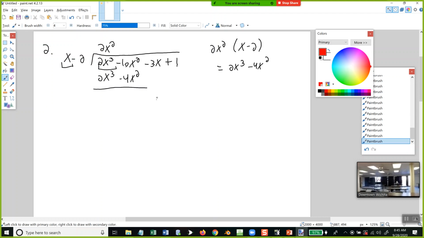Now I'm going to subtract that line, which means flip signs. So this becomes a negative, this becomes a positive. 2x to the third minus 2x to the third drops away. Negative 10x squared plus 4x squared is negative 6x squared. Then I'll bring down everything else.